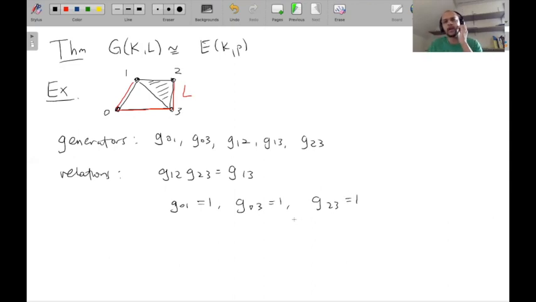Okay, so now let's think about what group this defines. And before we do that, let's first think about what we expect the answer to be.